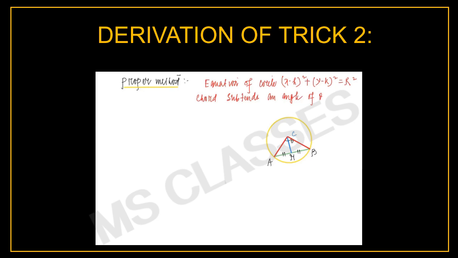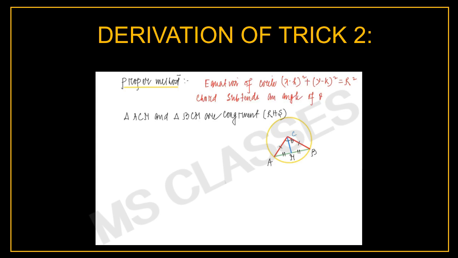So we can easily understand that here triangle ACM and triangle BCM are congruent. Why congruent? We can easily say by RHS axiom of congruency.